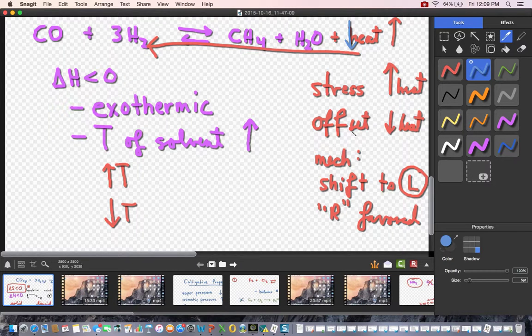To offset that, I would want to increase the concentration of heat. The mechanism for doing that is favoring the side of the reaction that has heat. So there would be a shift to the right, or it would be product favored. So that's how we deal with Le Chatelier's principle in terms of temperatures.